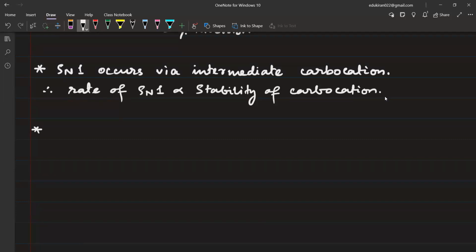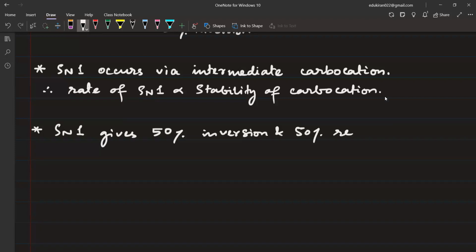In the next point, SN1 gives 50% inversion and 50% retention product.